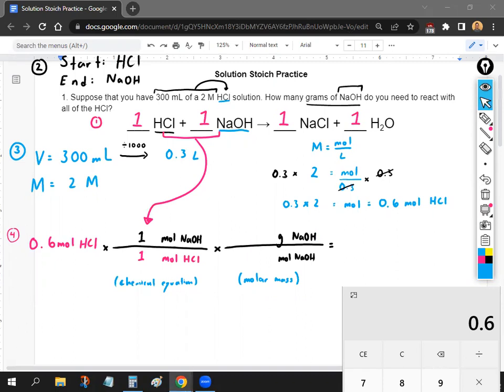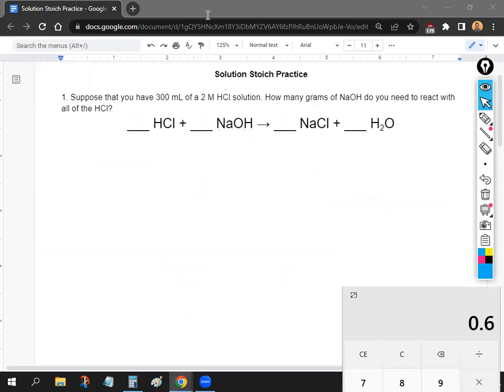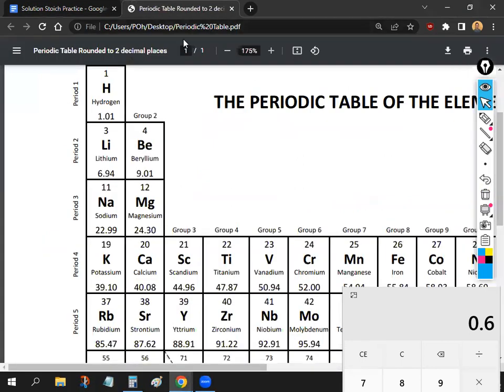So what we're doing right now is we're finding the molar mass of NaOH. Okay, guys, if you guys are finding it on your own right now, please feel free to finish up, but I'm going to go over it just for the sake of time.